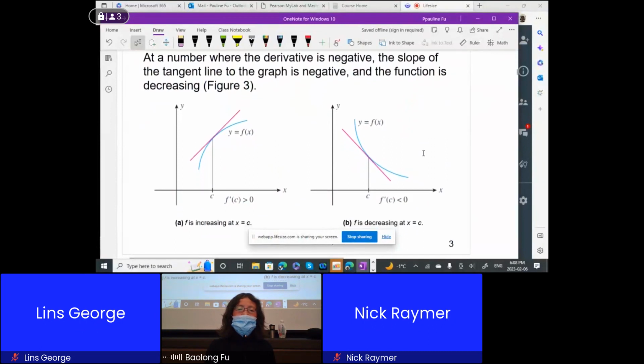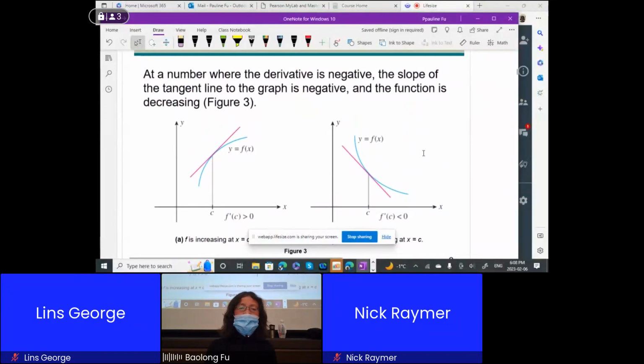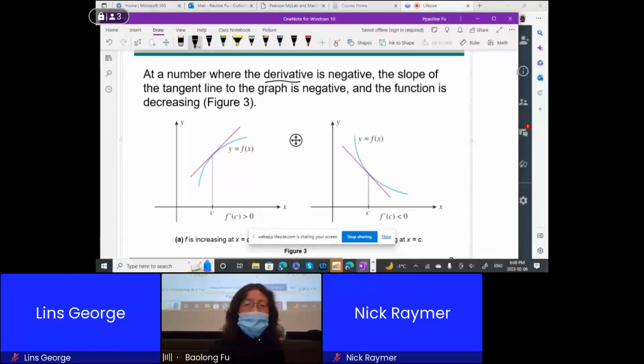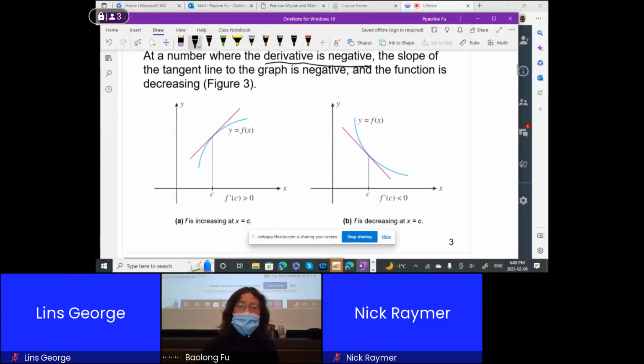And the other way to say decreasing, increasing is to take the derivative. If the derivative is negative, like this picture here, derivative at the point C is negative, it is decreasing.